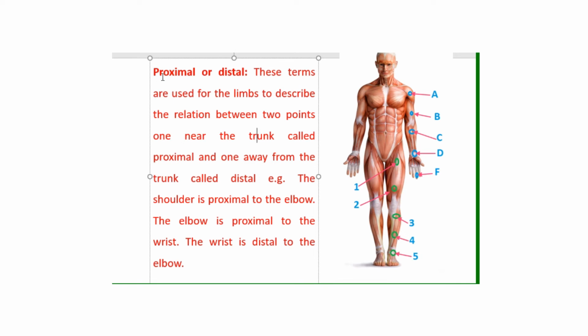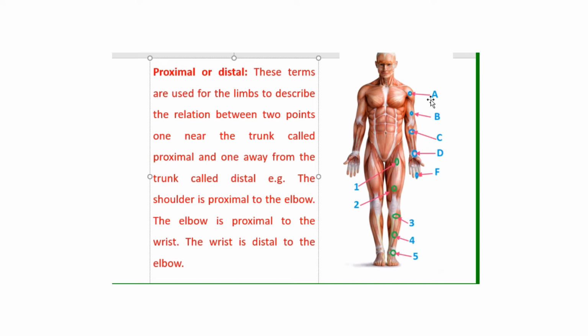Then the terms proximal and distal describe the relation of two points on a limb, either upper limb or lower limb. The point which is nearer to the attachment of the limb to the trunk is proximal to that which is away from the attachment of the limb to the trunk.